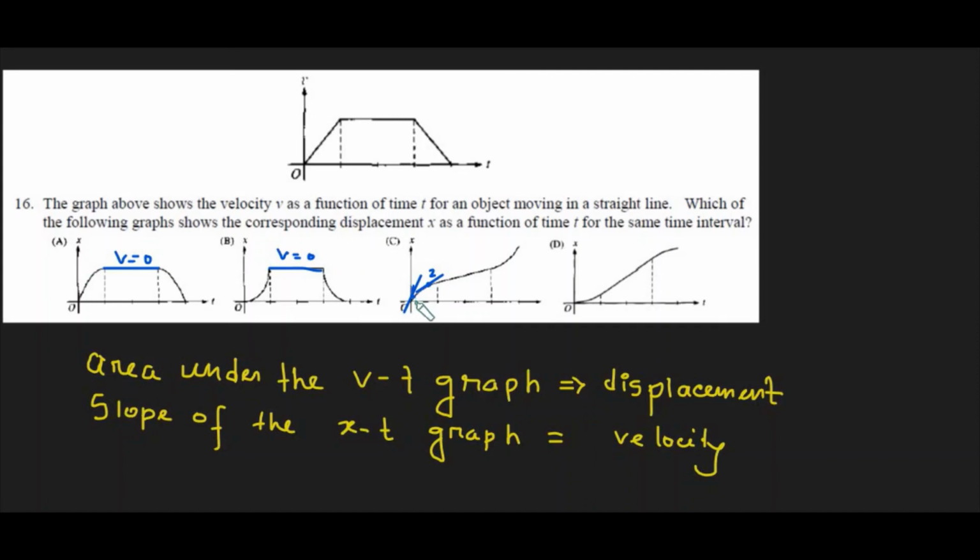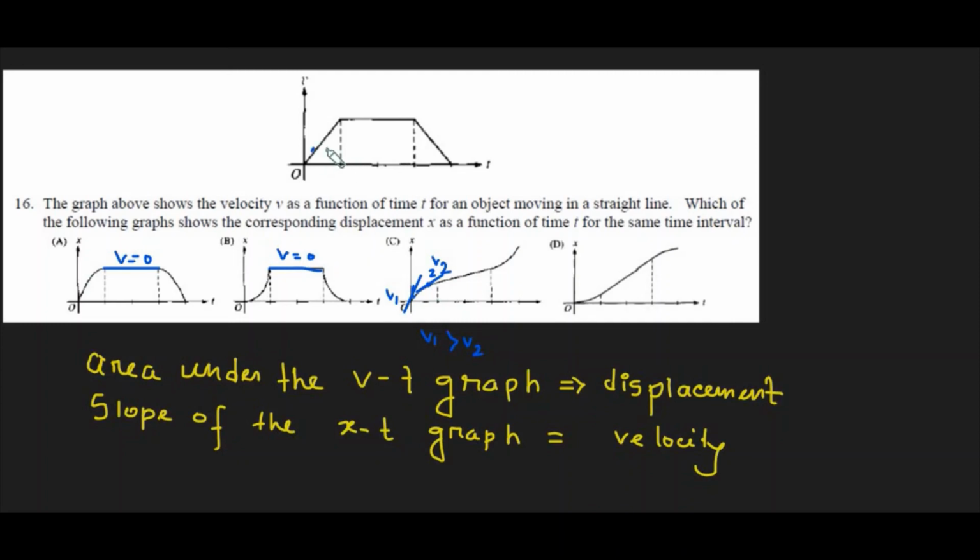The tangent represents the slope in the displacement-time graph, which corresponds to the velocity. This means the velocity at point 1 is higher than the velocity at point 2, so the velocity is going to decrease in this case.